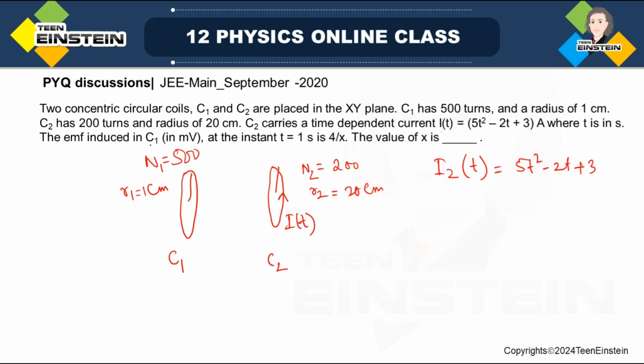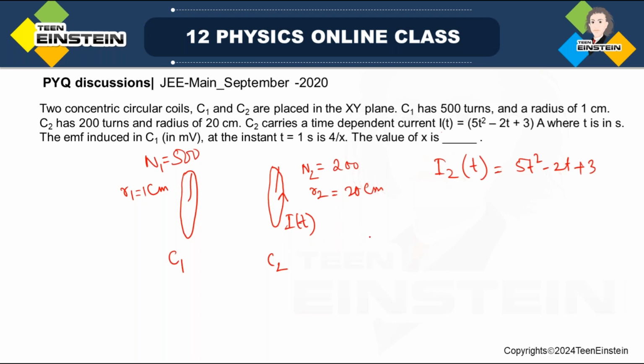So you know that if the current changes in the second coil, then when flux changes there will be induced EMF in the other coil. Change in the current means there will be change in the flux, so the flux linked with this coil C1 also will be changing, right?